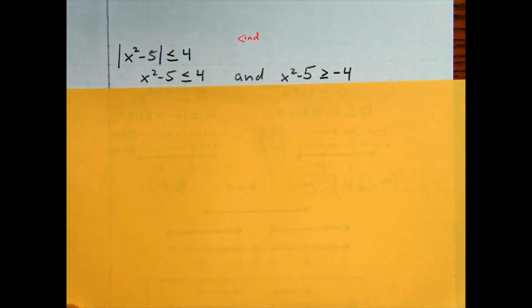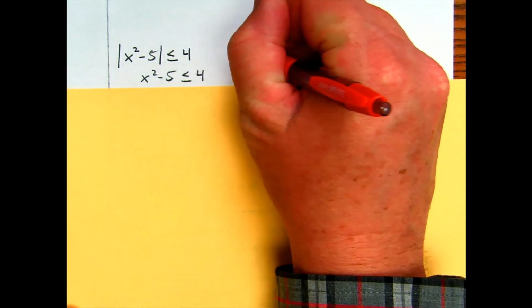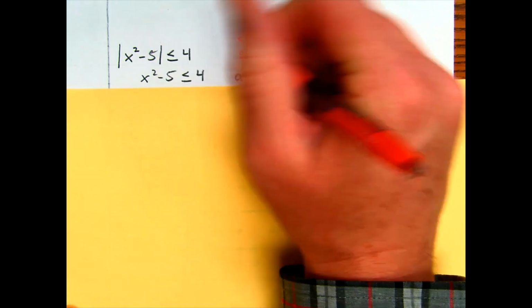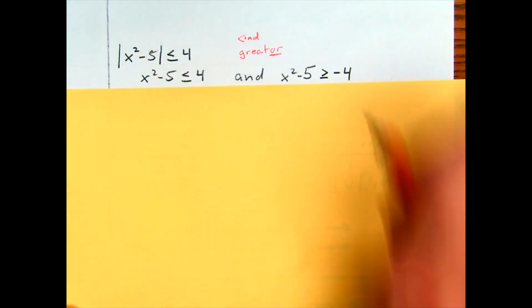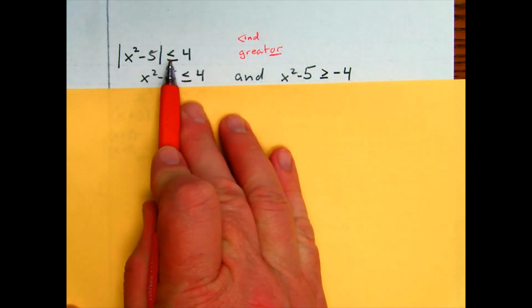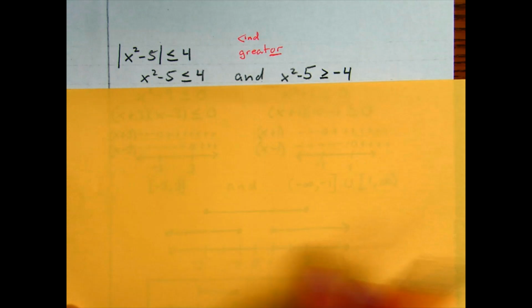The way I remember that is you can kind of spell and with an inequality symbol. And the other possibility would be if it was a greater than instead of a less than, you could spell greater with or. So in this case, because it is a less than, the connecting word is an and.